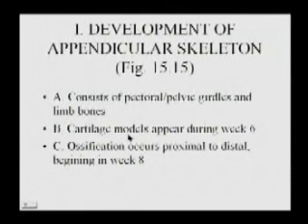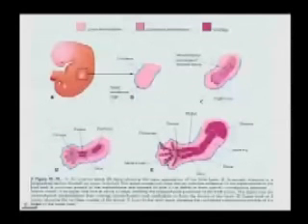The cartilage will form a model first, and that is appearing in week 6. And then ossification will occur, and it is always proximal to distal, beginning about week 8. So in the fetal stage, we get ossification.